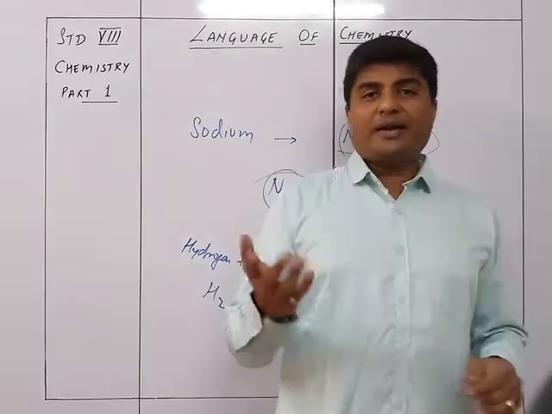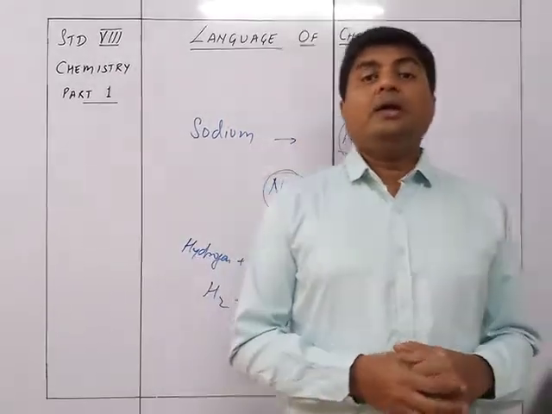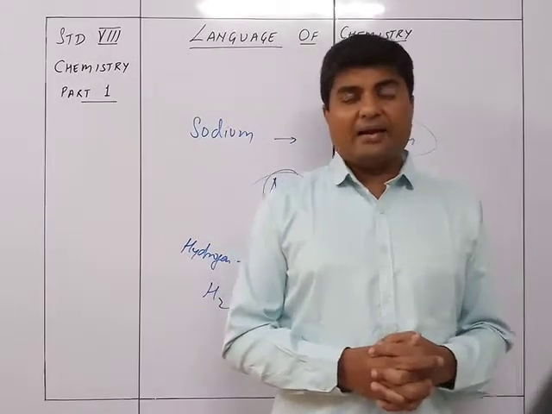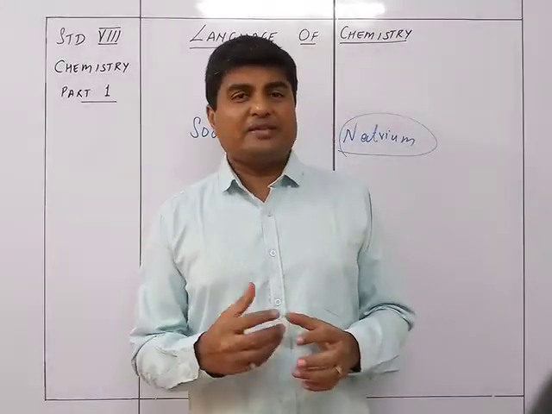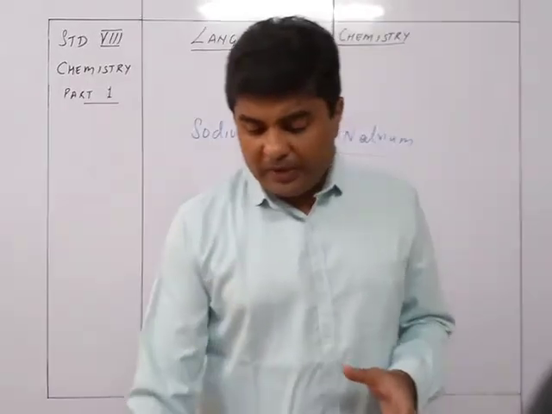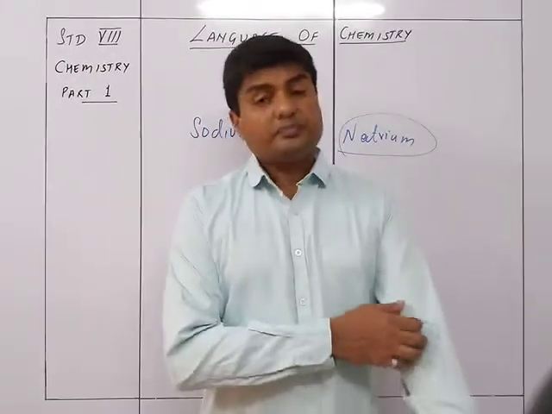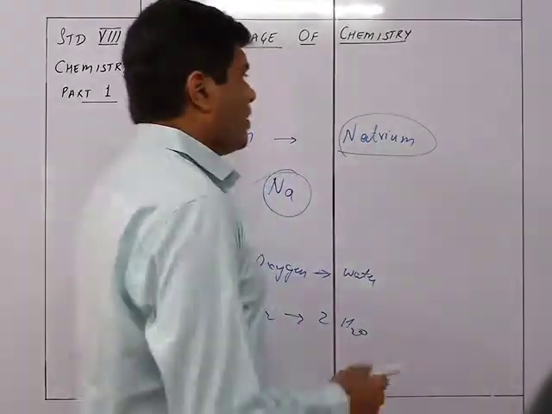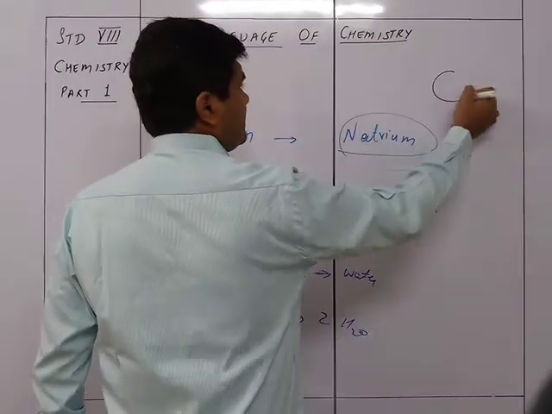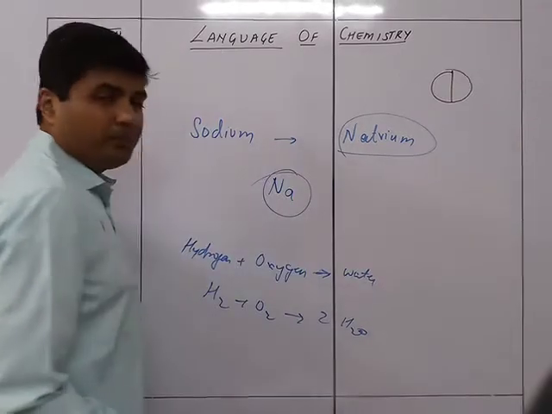So John Dalton's atomic theory, वही John Dalton ने, he preferred that we will use some kind of a symbol for representing a particular element. So for example, for nitrogen, we can have a circle with a line in between.